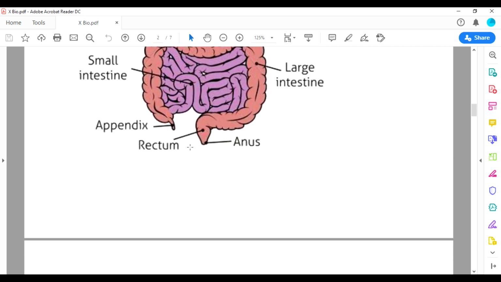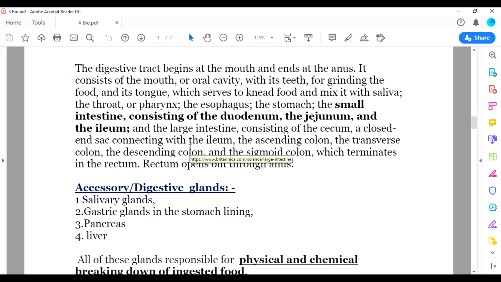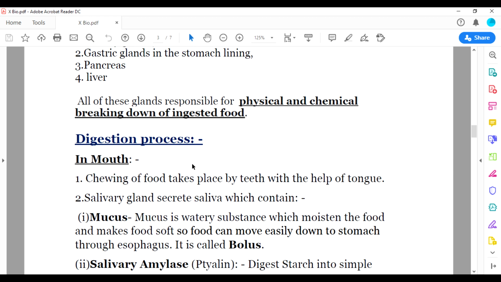Now we'll study the process of digestion in the digestive tract. We'll start from the mouth. When we eat food, what is the first process that takes place in the mouth? Chewing? Yes.